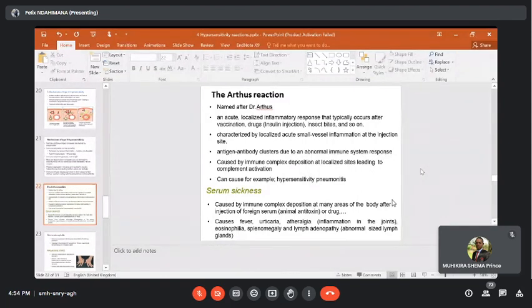Once this is involved, there will be cytotoxicity, or damage of our own cells. We have another one, serum sickness. This is caused by injection of foreign serum, like an animal antitoxin or some other drugs. When you have been exposed to rabies, for example, if you are bitten by a dog, you might be treated with some antitoxin, and this will cause a number of symptoms that include fever, a feeling of fatigue, and so on.